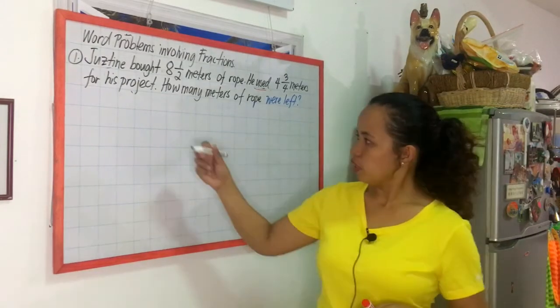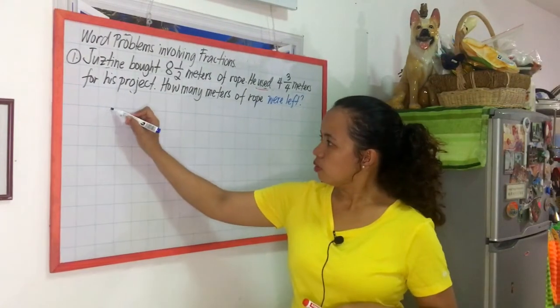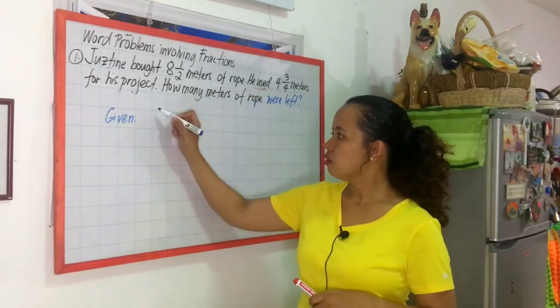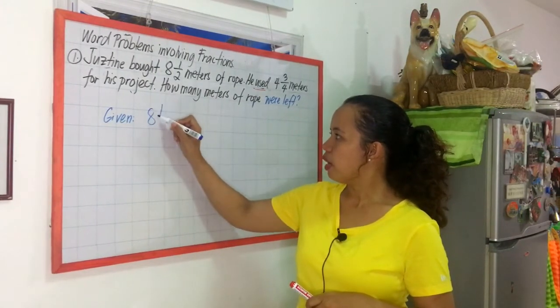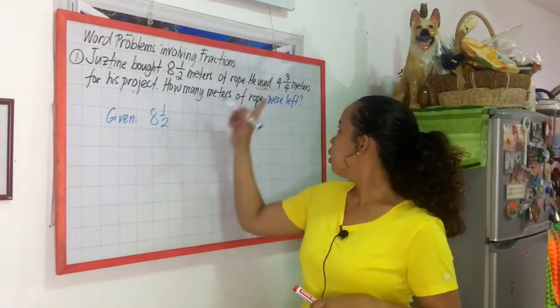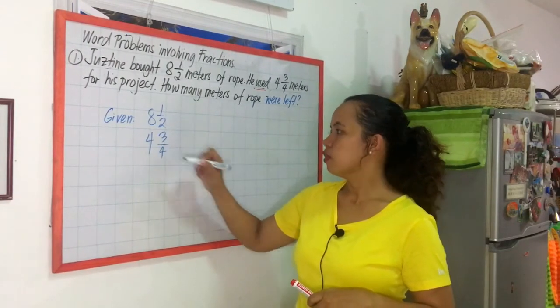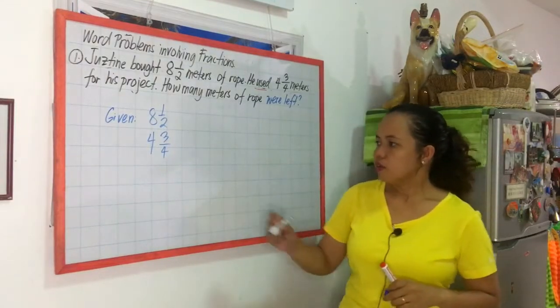So yung given natin, susulat natin dito, given: yung original length, we have 8 1/2. Tapos, yung ginamit niya is 4 3/4. Okay. So, step 1.